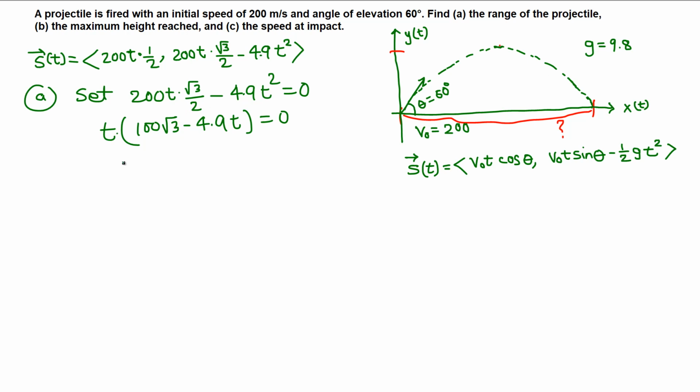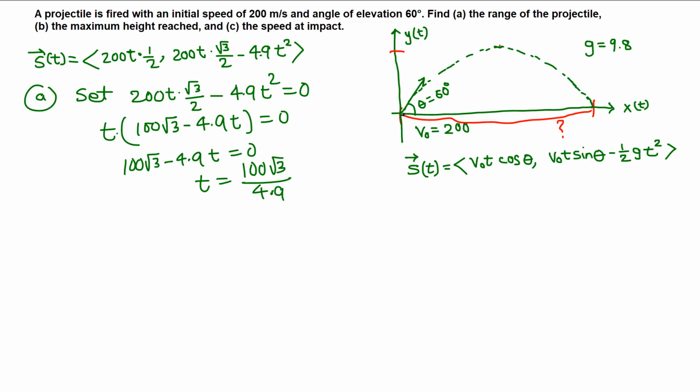So 100 √3 minus 4.9 t equals 0. Move this over, divide by this. Okay, so t equals 100 √3 over 4.9. Let's not simplify.